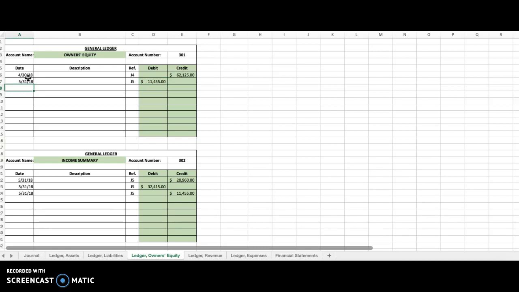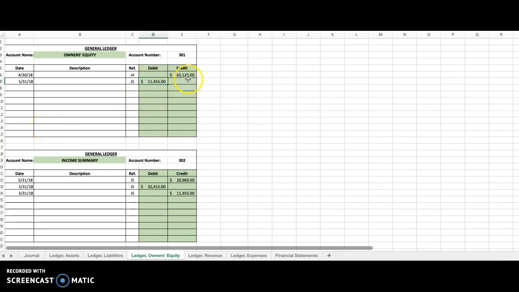This is unusual because this company lost money. If it would have made money, that last entry would have debited income summary and credited owner's equity. But we had to credit income summary in order to make it balance out and close. So if this is credited in income summary, the debit must be to owner's equity.